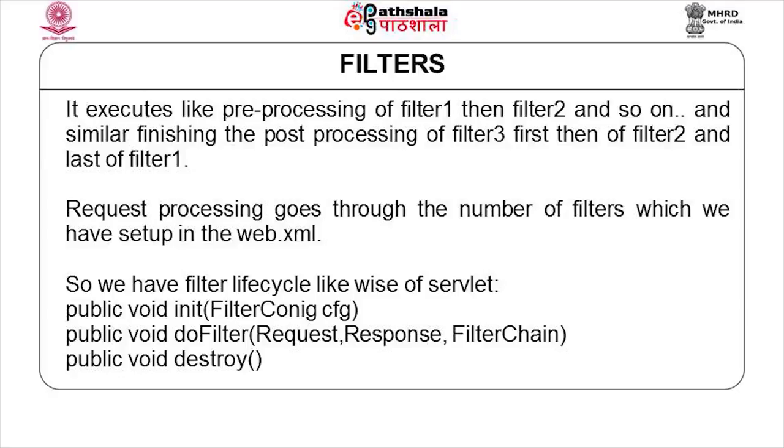Remember, the servlet request and servlet response are the first 2, but the third parameter here is the filter chain. Filter chain is useful for passing it on to the next filter or the next resource, whichever it may be. And then we also have the regular lifecycle method called destroy. So, that is how a filter interface works.